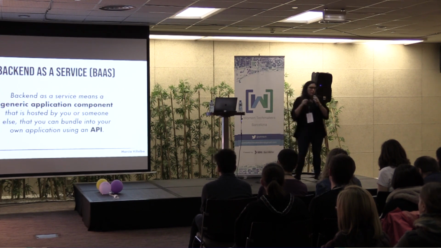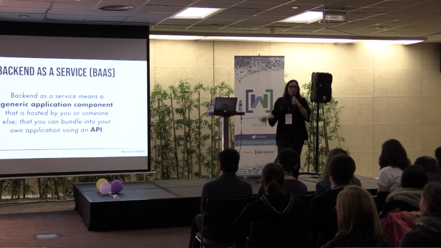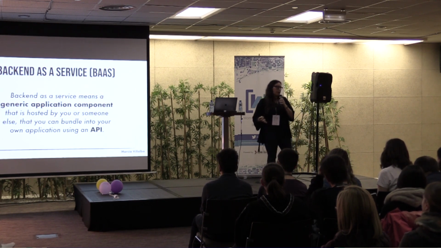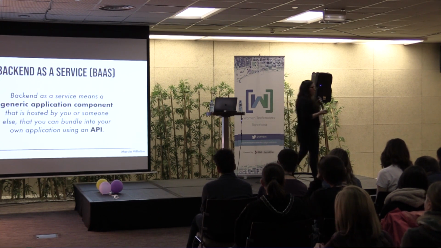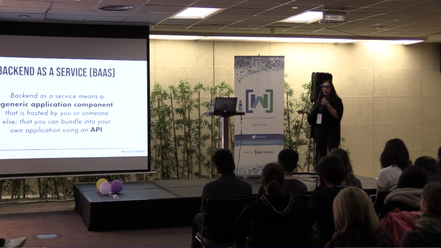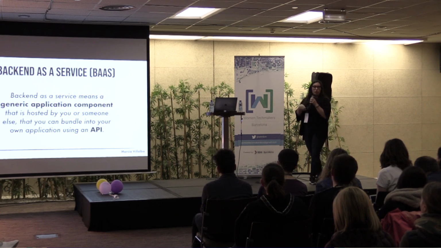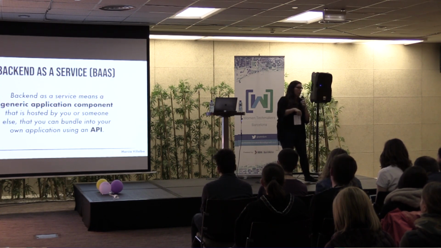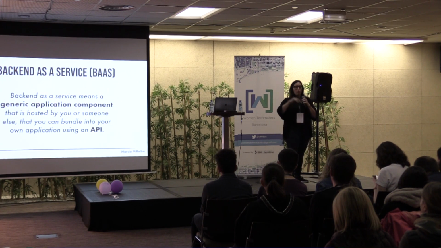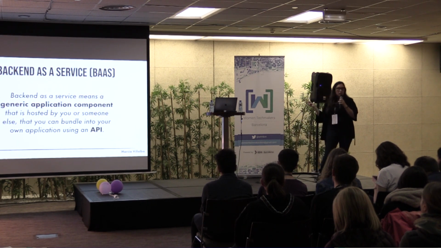There's a lot of different backends as a service. You can have authentication, as was given in the example, but you can also have databases. For example, DynamoDB is the managed database from AWS for NoSQL operations. It provides the same. You use an API in your code, and you're able to put data, return data, query data, do all kinds of operations in your database without installing the database, without updating the database, without managing the database.